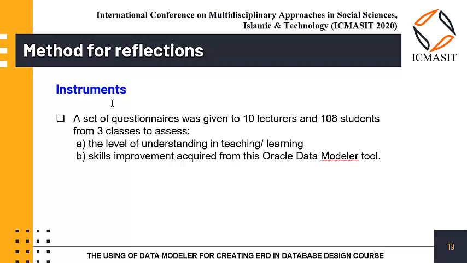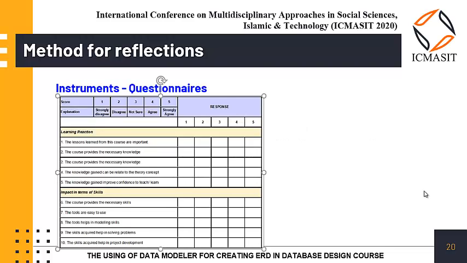Okay, for instruments, I prepared a set of questionnaires. It was given to 10 lecturers and 108 students from 3 classes, and focuses on assessing the level of understanding in teaching and learning, and also the skills improvement acquired from the Oracle Data Modeler tool. So this is the instrument that I used in my study.